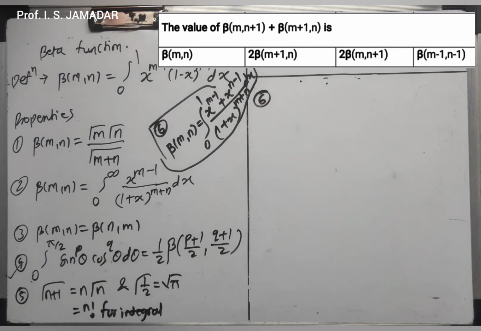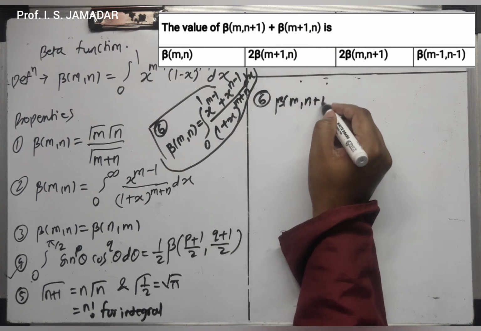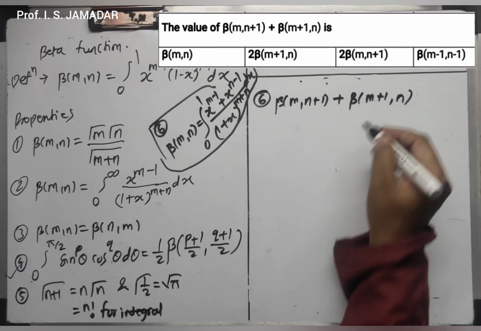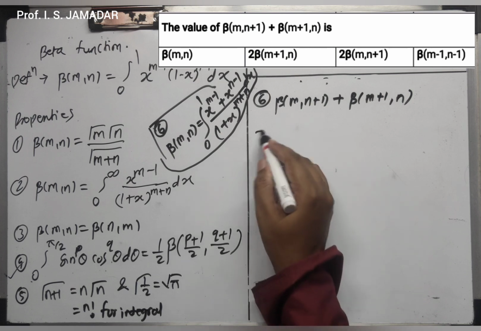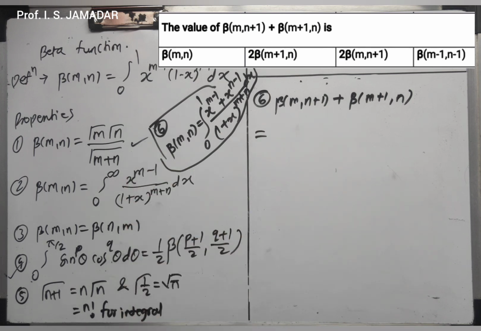It is the value of beta m, n plus 1 plus beta m plus 1, n is, and we just simplify this by using again the relation between beta and gamma.